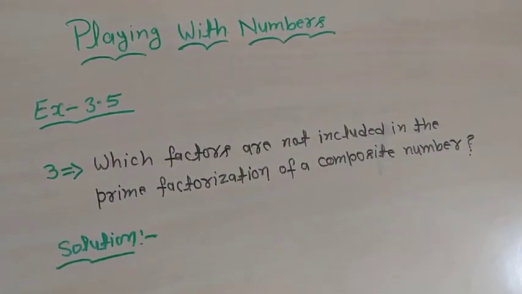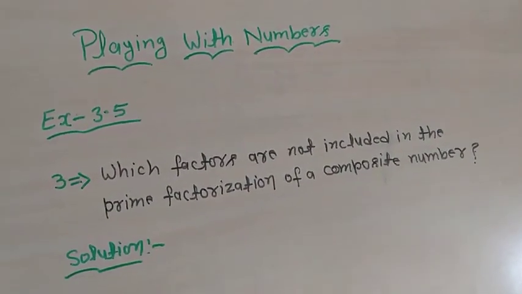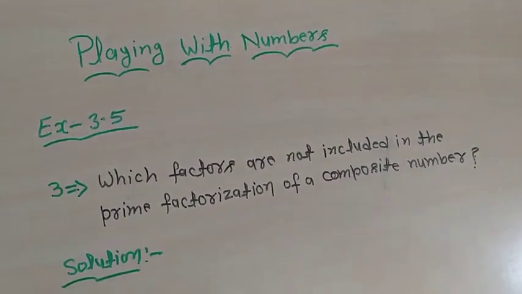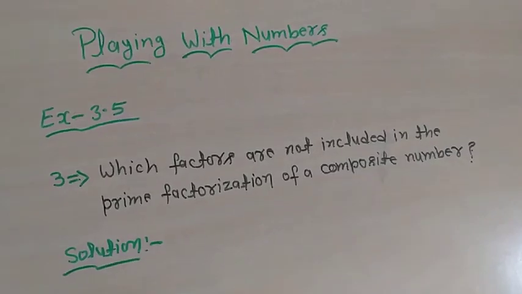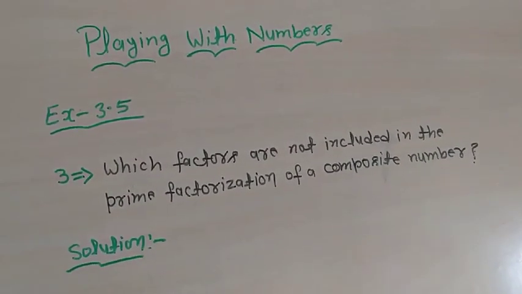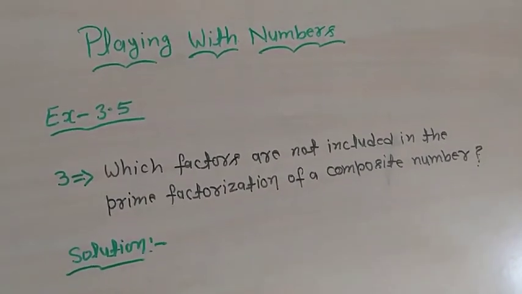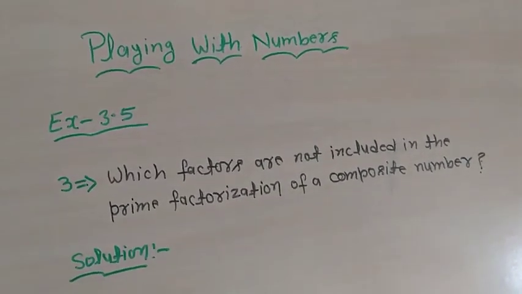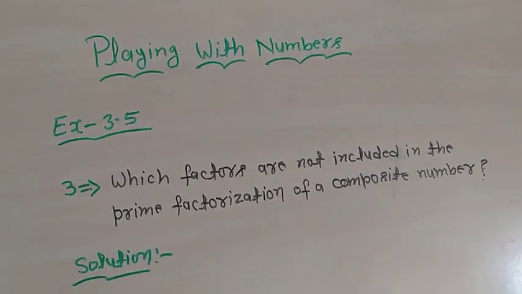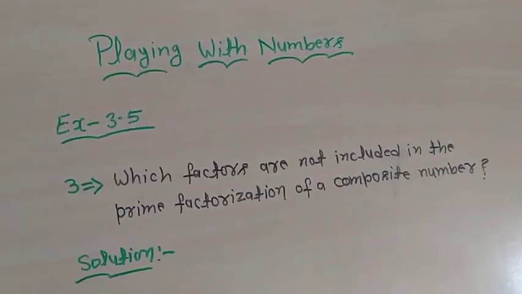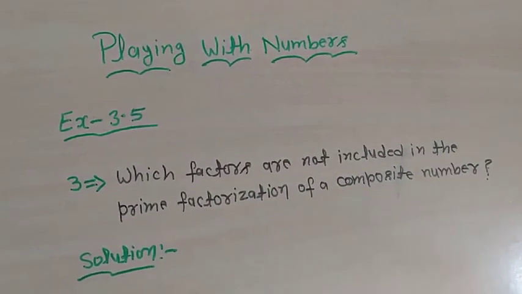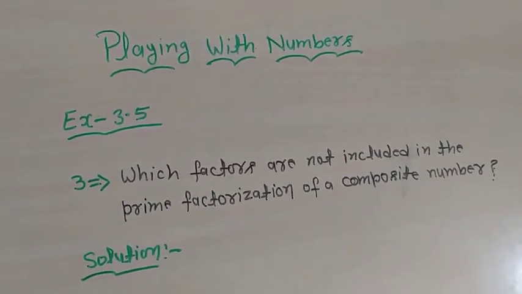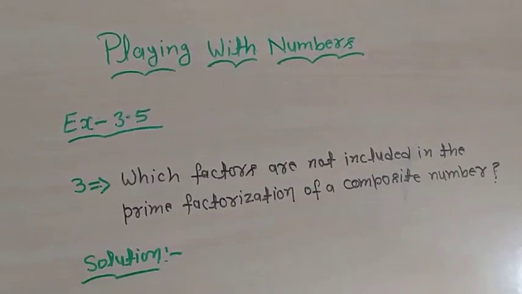Here question number 3, which factors are not included in the prime factorization of a composite number? Okay, so think which factor is not included. First we need to know what is prime factorization and what is a composite number.